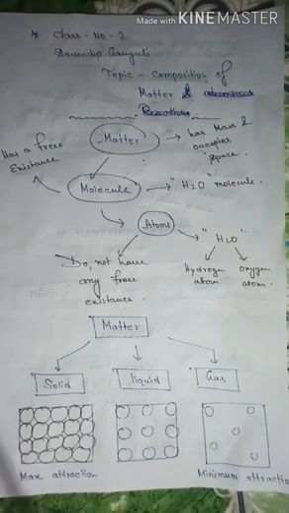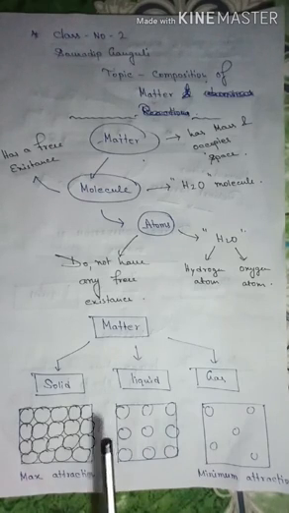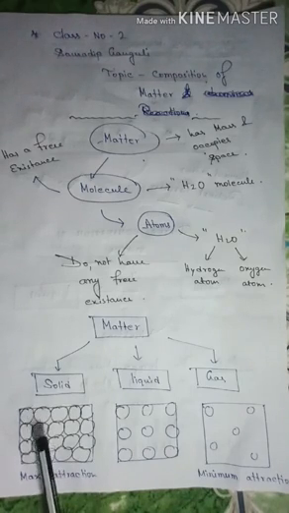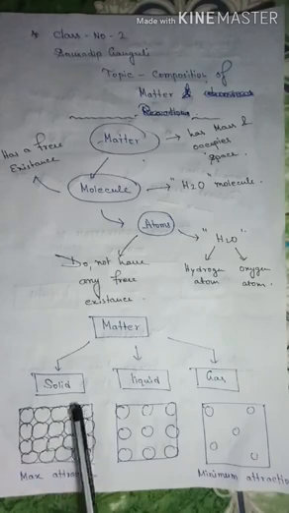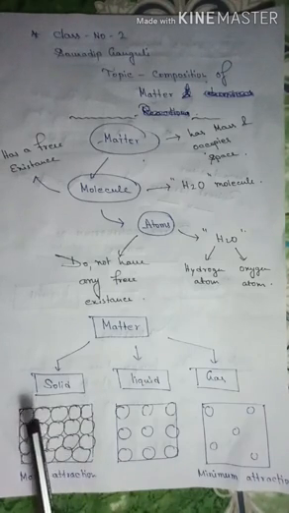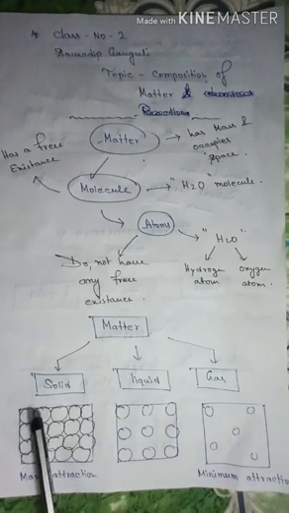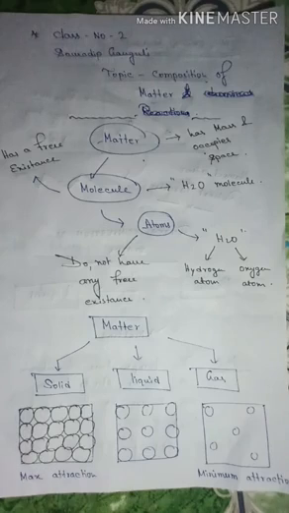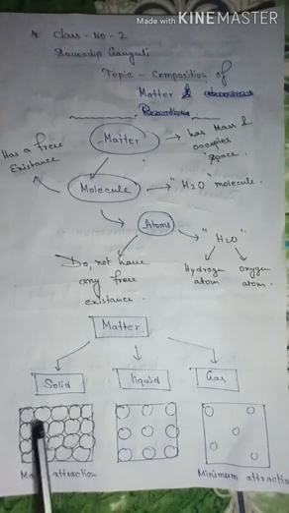If we discuss about these structures, we will see that in case of a solid, the molecules, these spherical shapes are molecules. We have assumed it as molecules. We will see that the molecules of a solid is tightly packed with each other. There is least space in between the molecules.